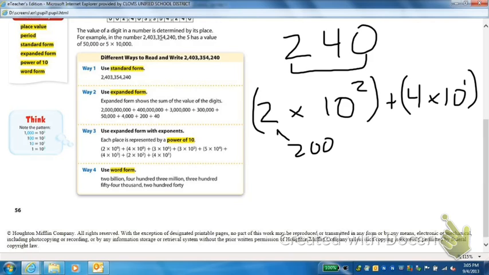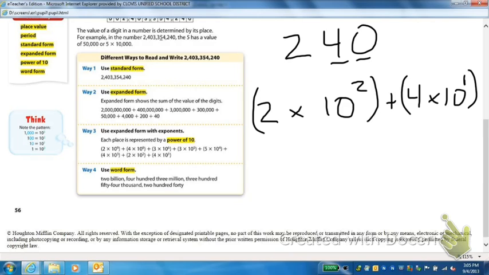So we just take that 2 times 10 to the second power because there are 2 zeros. 40, we take the 4, multiply that by 10, and there's only 1 zero, so that's why it's 4 times 10 to the first power.